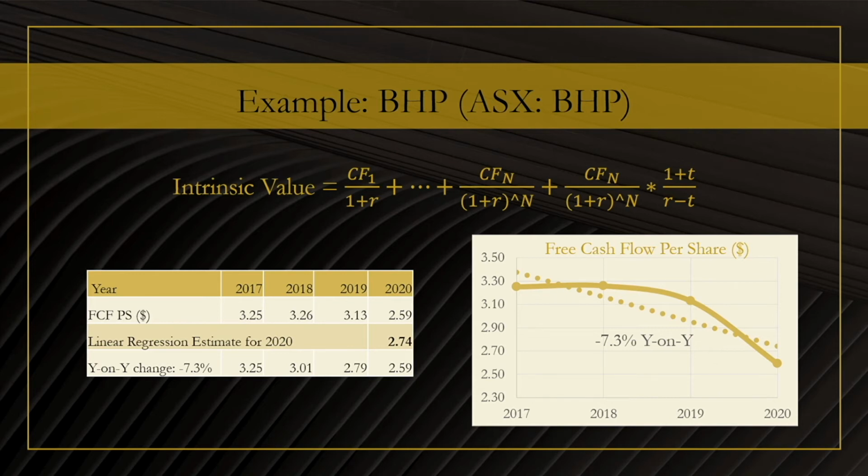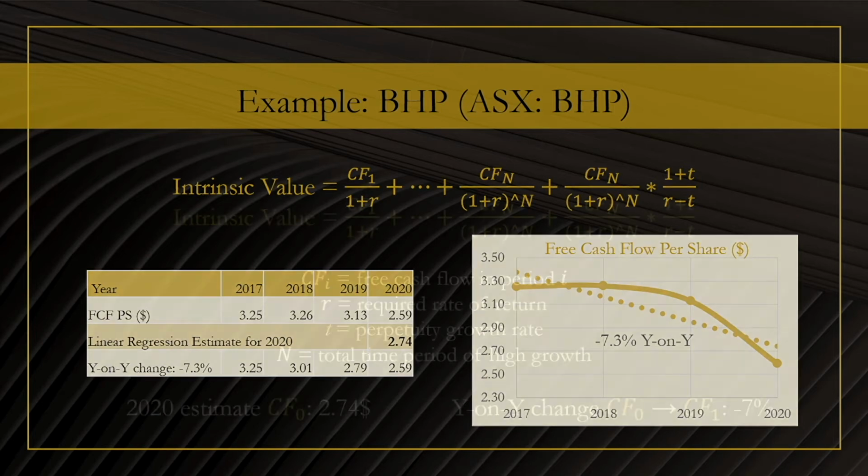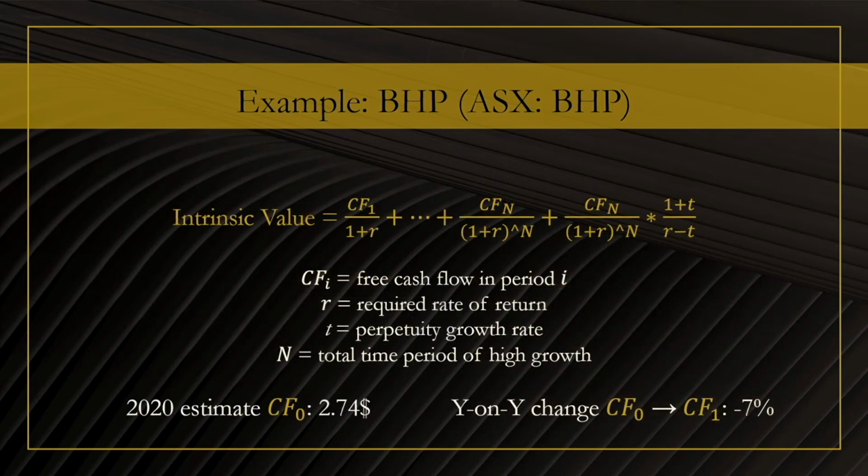That is what we use to estimate the next year's cash flow as well. So in conclusion, our cash flow estimate for 2020 is 2.74 per share, and the estimate for 2021 is 7% lower than $2.74 per share.